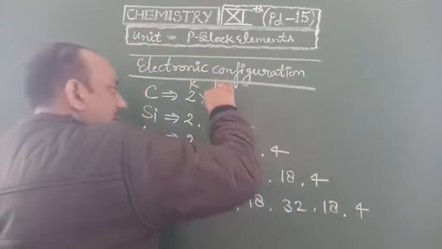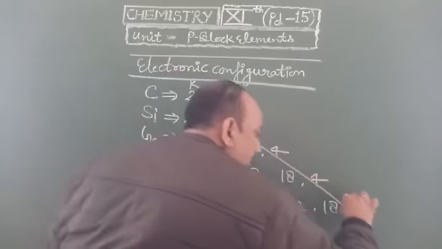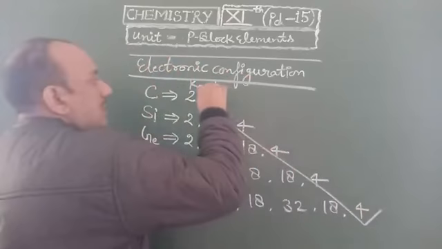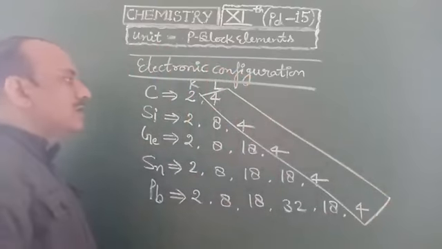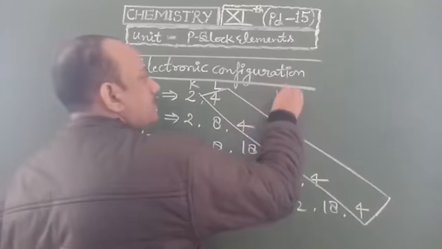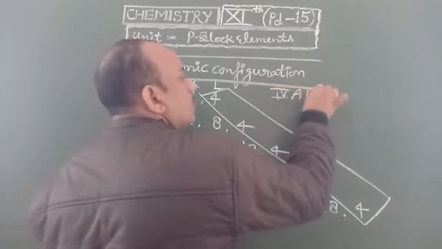So we say that all elements have 4 electrons in their outermost orbital, so they are known as fourth A group elements.